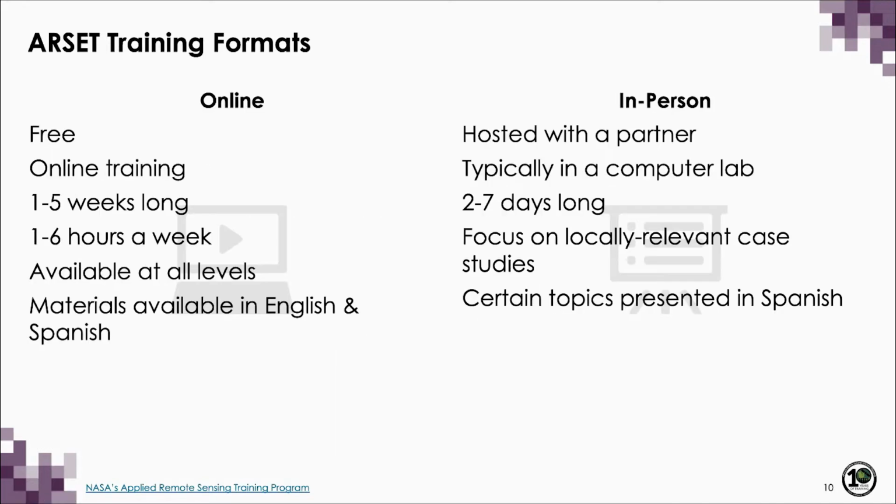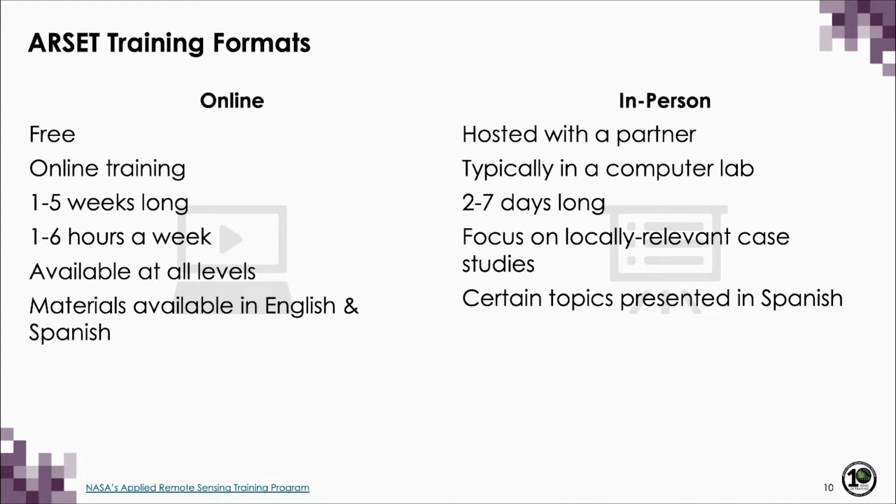ARSET trainings are online, such as this one, and there are also in-person trainings. Most of them are given in 2 languages, English and Spanish. Online webinars have multiple sessions and they last from 1 to 5 weeks.